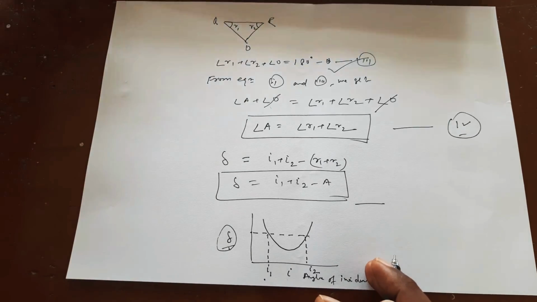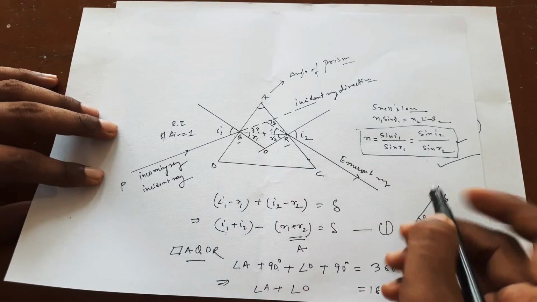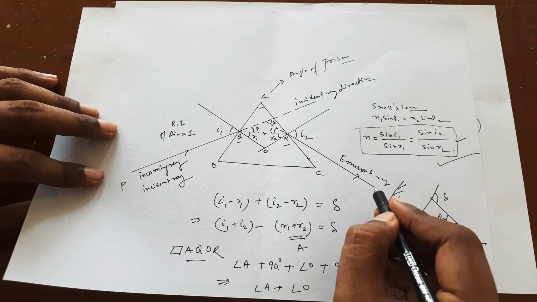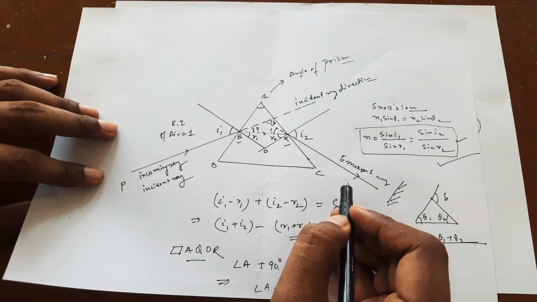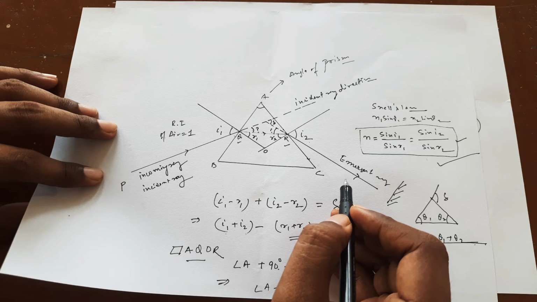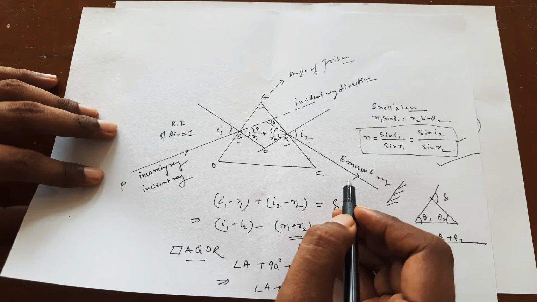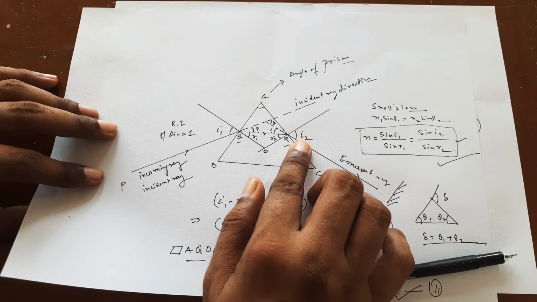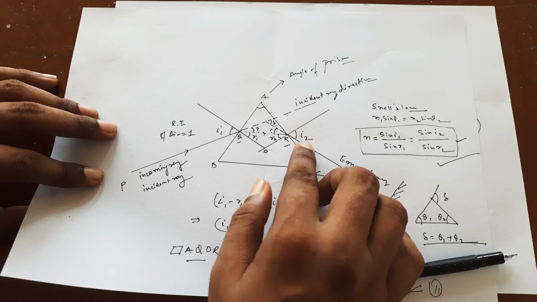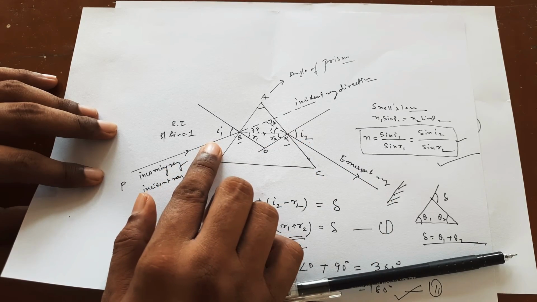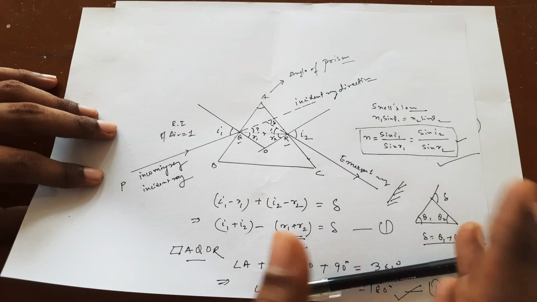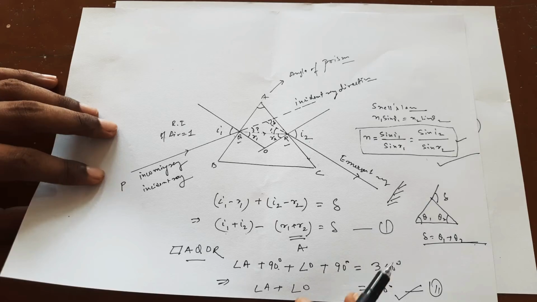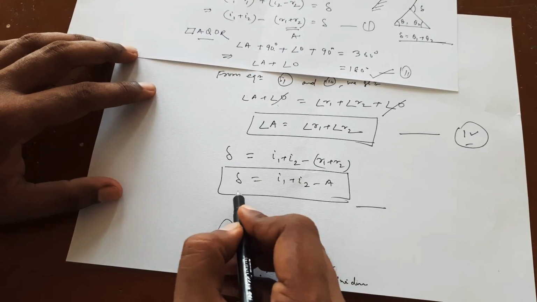And here I also want to say that in this picture, if any mirror is placed at an angle of 90 degree with the emergent ray, then by the principle of reversibility of light, it will follow the same path, and here I2 will be equal to the angle of incidence and I1 will be equal to the angle of emergence. So ultimately I1 and I2 will interchange each other, but the delta will not change.